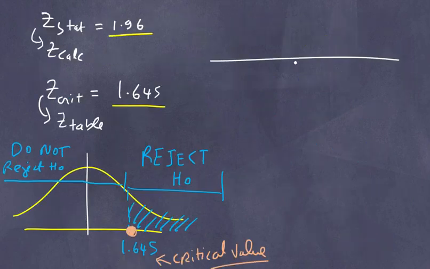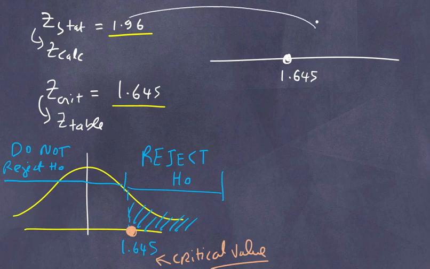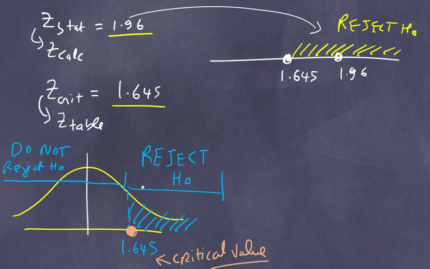Okay? So here you have 1.645 and you have 1.96. We are in the rejection region, right? You reject H0 here.